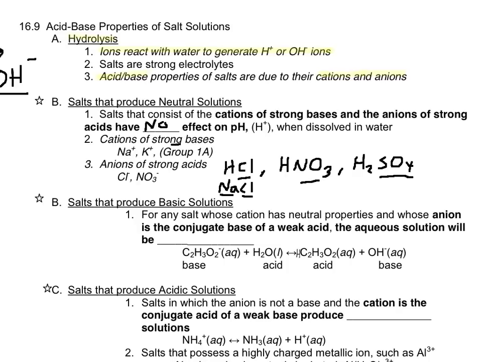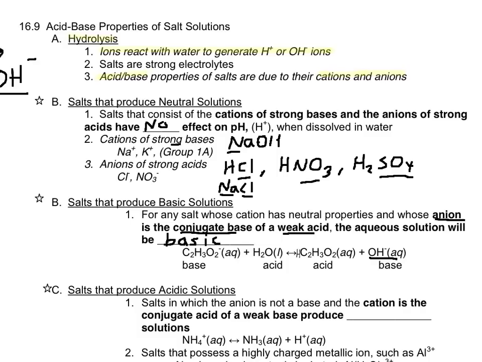All right, cations that come from strong bases like NaOH or KOH have absolutely nothing to do with changes in pH. Now, solutions that do affect pH are solutions that come from the conjugate base or conjugate acid of weak acids or weak bases. For example, if you have an anion that is the conjugate base of a weak acid, then this is going to produce a basic solution because it's going to produce hydroxide ions.